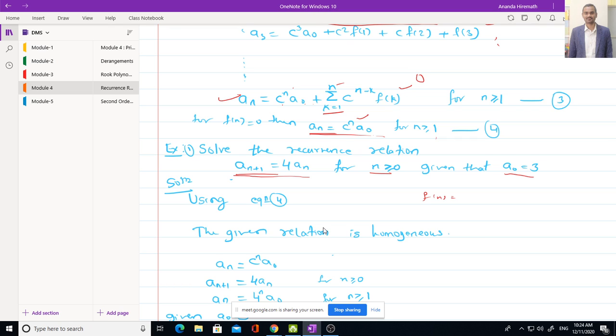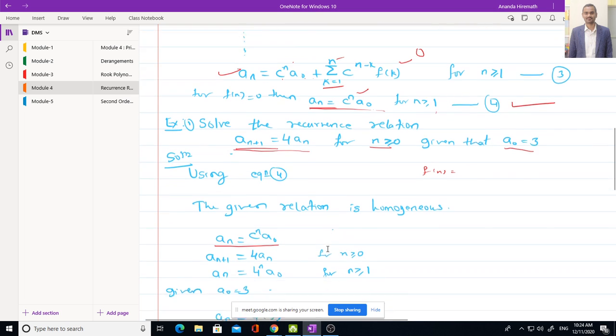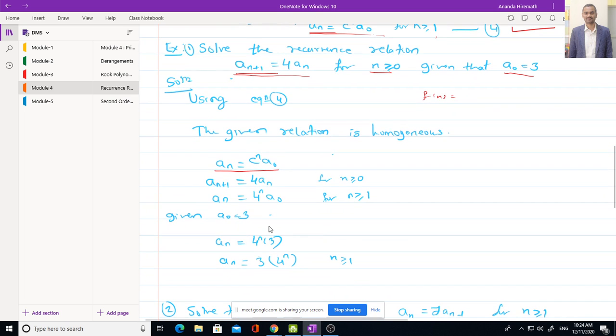So we consider equation number 4: a_n = c^n a_0. But the given equation is a_{n+1} = 4 a_n, so we make it n greater than or equal to 1, and instead of a_{n+1} we write a_n = 4^n a_0 in this form, because it is c raised to n. a_0 is already given, it is 3.